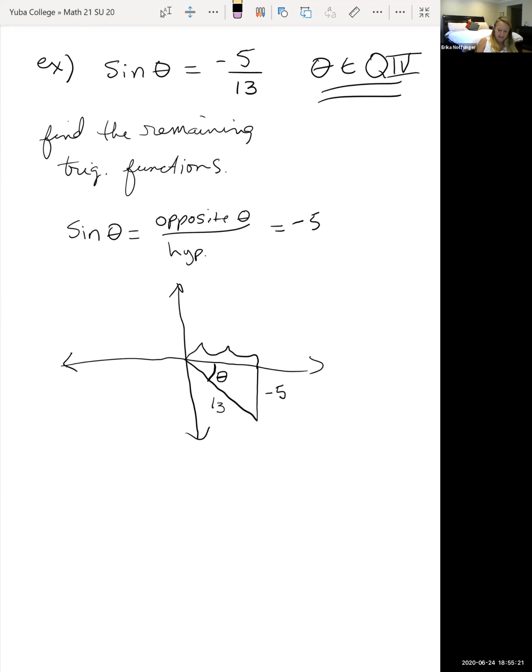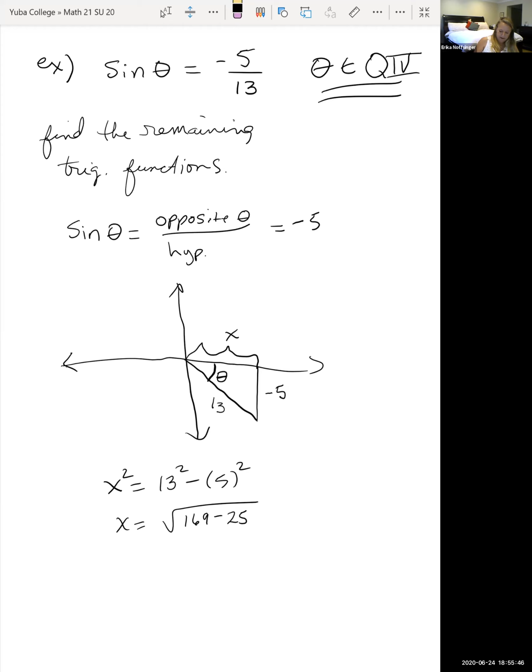But I'm going to find this value here. Maybe let's call it x. So I know that x squared is equal to my hypotenuse squared, 13 squared, minus 5 squared. So x is equal to the square root of 13 times 13 is 169 minus 5 times 5 is 25.